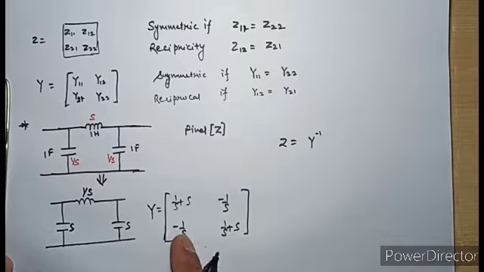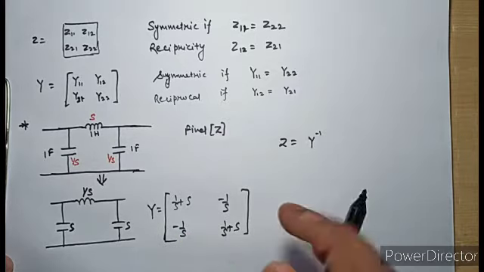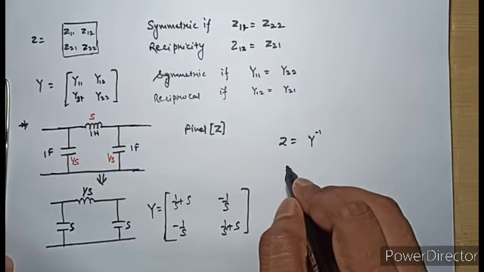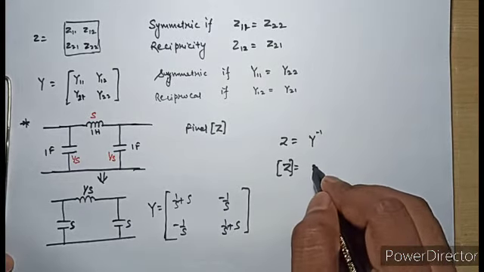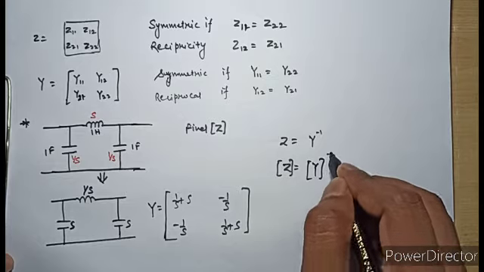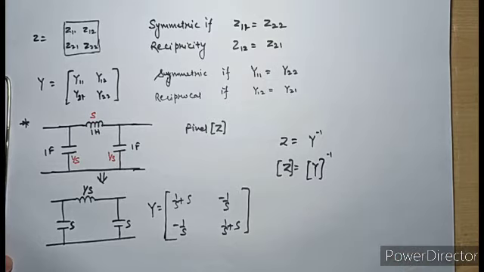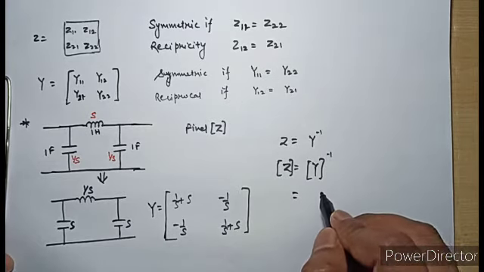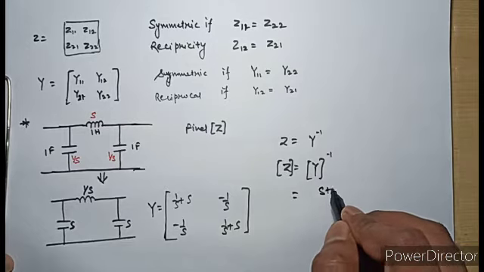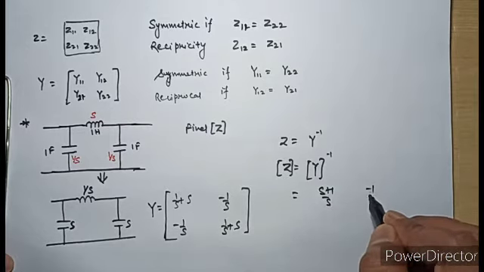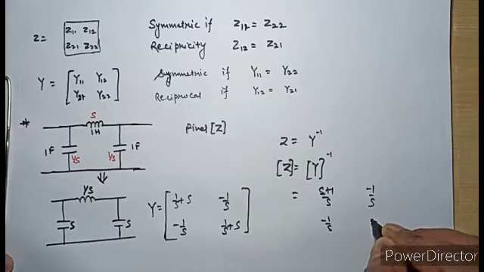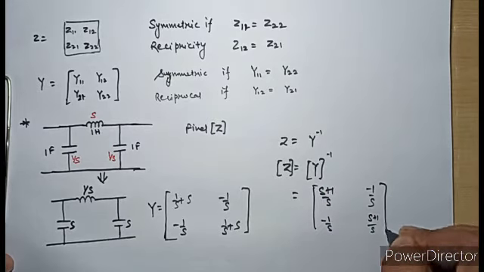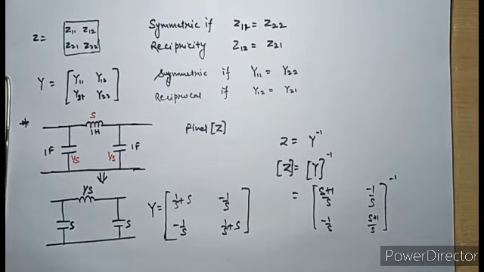We have already calculated the Y parameter, so to find Z we will take the inverse of this matrix, which is nothing but S plus 1 by S, minus 1 by S, minus 1 by S, and again S plus 1 by S. This is inverse.